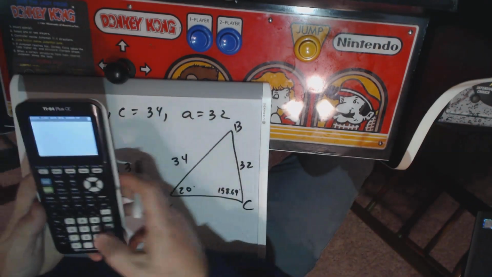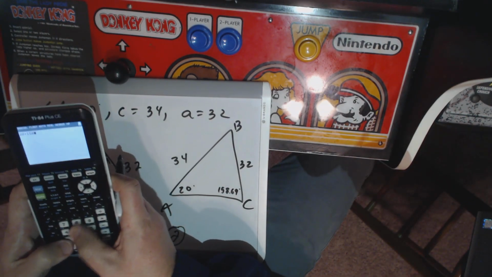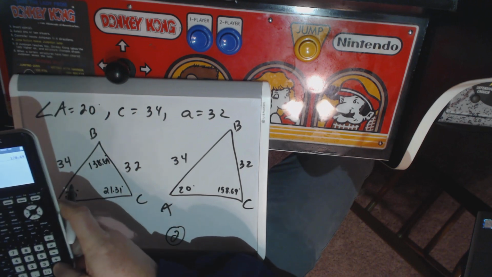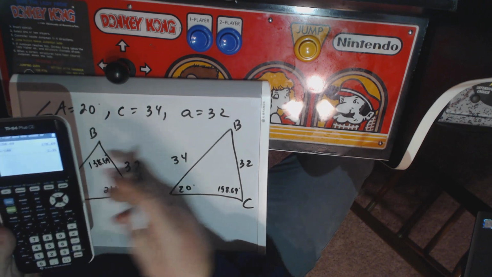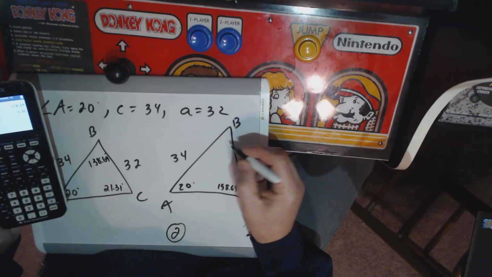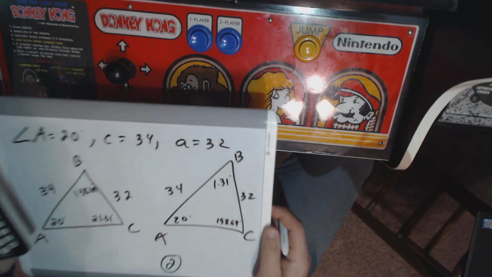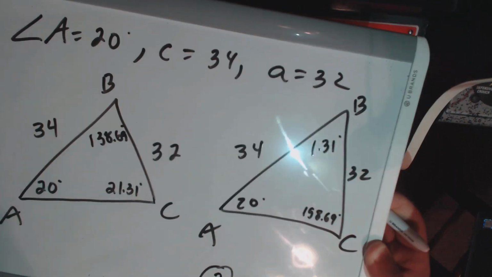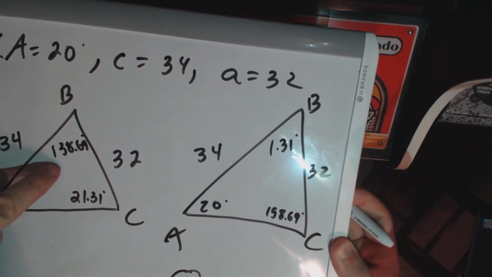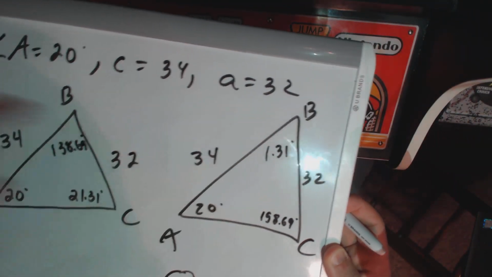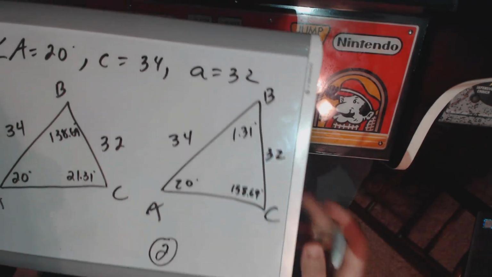If you came over here, 20 plus 158.69, right? And you subtract that from 180, it's a very small angle, but it is going to be something. It is 1.31 degrees, okay? So when you say, hey, what's angle B? Well, it could be 138.69 or it could be 1.31. It's actually both, because once again, this is a two triangle scenario, right?